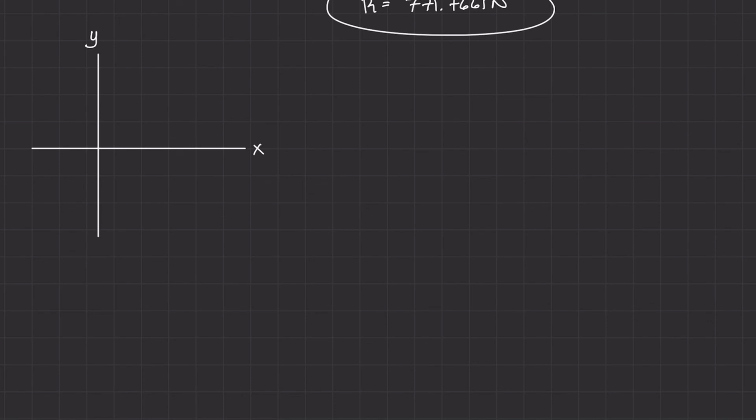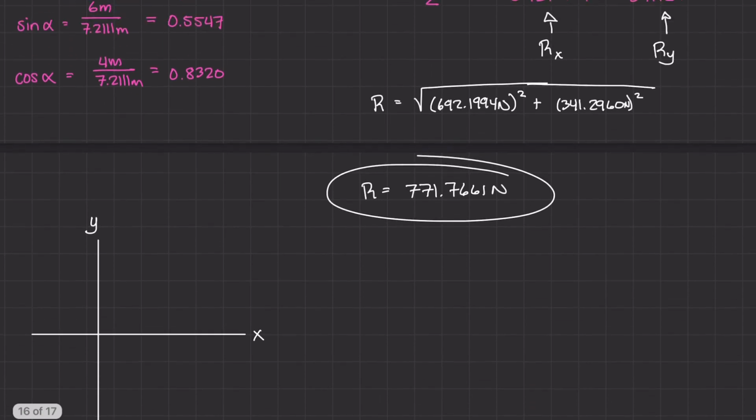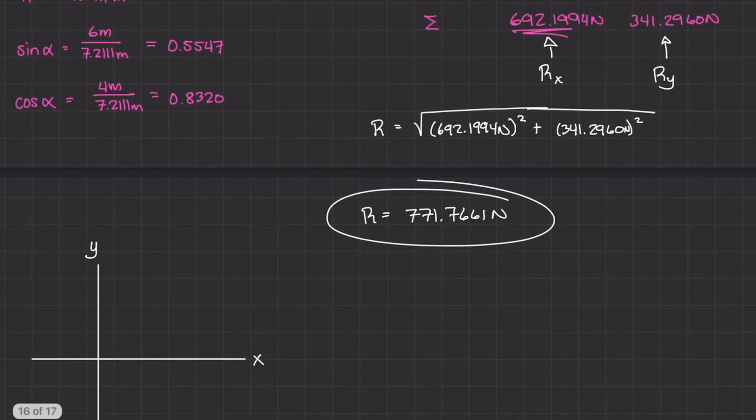We know that the x component, this 692, is going to be to the right. And this y component is positive, so it's going to be up, or vertical. So I can draw out those two force components on this axis. So this is Rx, and this is Ry.